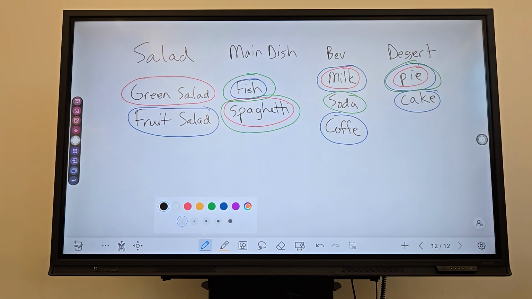Nobody took everything, or all students didn't take one item from every station.